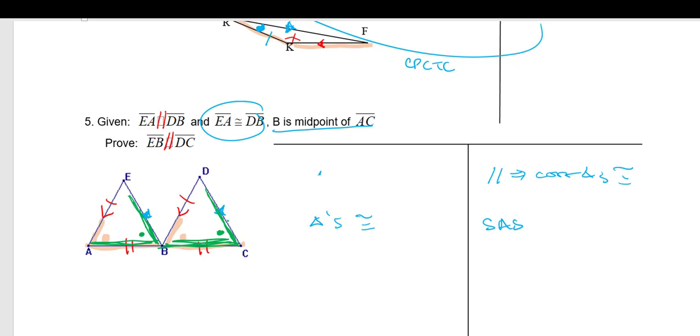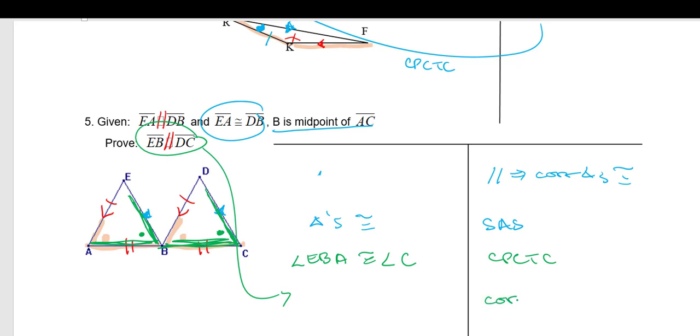Then I could say that they're parallel because those are corresponding angles. So angle EBA is congruent to angle C because of CPCTC, and now I can say that these are parallel to each other because if corresponding angles are congruent, then I have parallel lines.